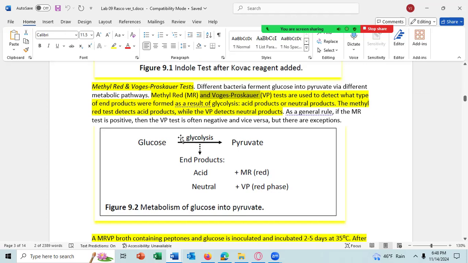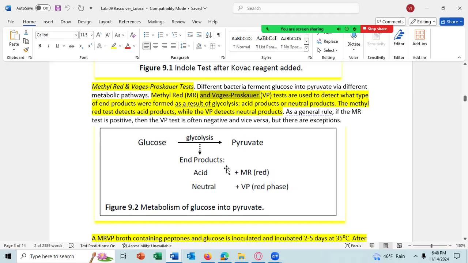The MR test is looking at the production of acid from glycolysis, and the VP test is looking at the production of neutral products from glucose by glycolysis.